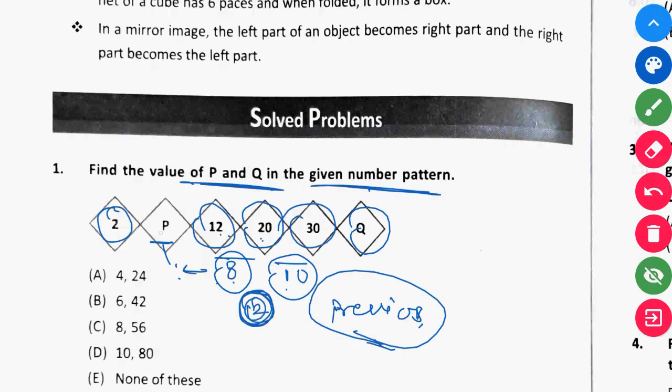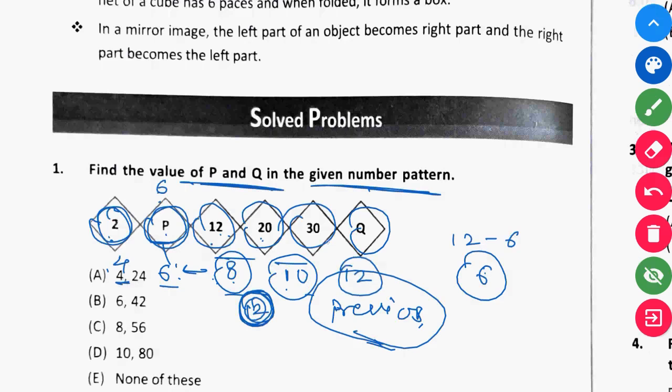Going back, if we add 6 to P we get 12, so we subtract 6 from 12 to get the number at the position of P, so it might be 6. Okay, now if P is 6, is the 2 correct? Yes, because when we subtract 4 from 6, we get 2. So we can see the pattern 4, 6, 8, 10, all the numbers are in the table of 2, and they are added in the given number series.